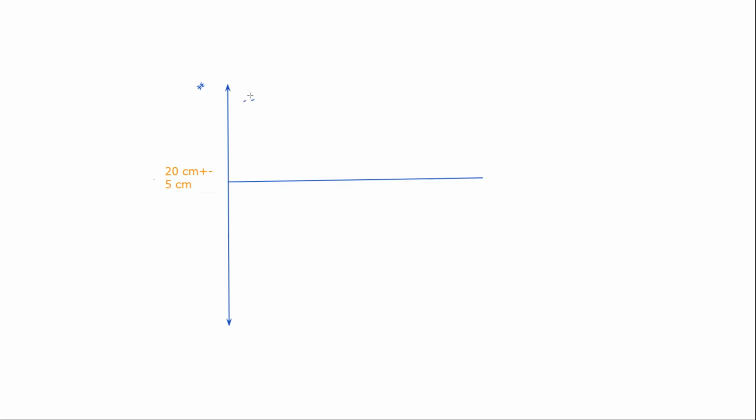Excuse me, I'm trying to draw a line here. Okay, so these dashed lines are our client requirement. Anything between 15 centimeter to 25 centimeter as a diameter is acceptable.